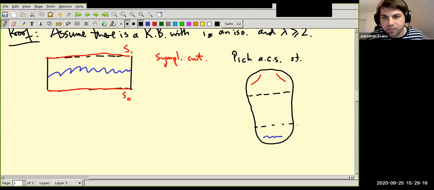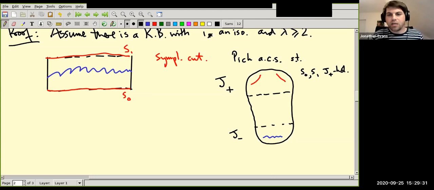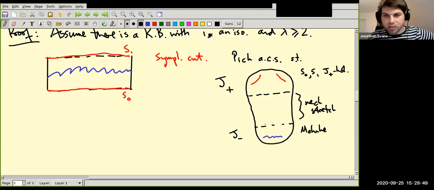Then there's a neck in between. J plus on the complement has the property that S1 and S0 are J-holomorphic. J minus on the bottom is going to be a particular almost complex structure constructed by Klaus Monke, which I'll talk more about when it becomes important. In the middle, this is just a neck stretch. In other words, it's some sort of vertically translation-invariant almost complex structure that I can stretch.